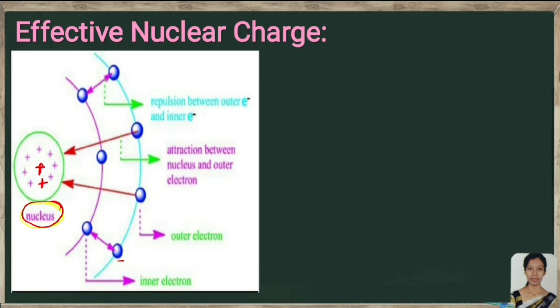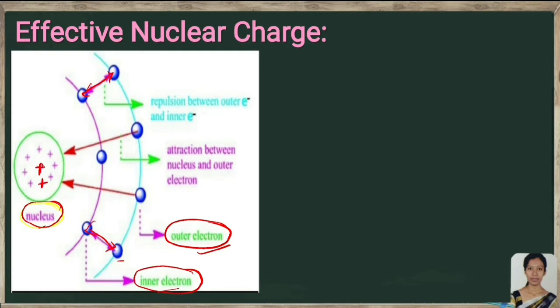Electrons in the inner orbitals are called inner electrons, and electrons in the outer orbitals are called outer electrons. The nucleus attracts both the inner and the outer electrons. The outer and inner electrons repel each other because of the same charge.